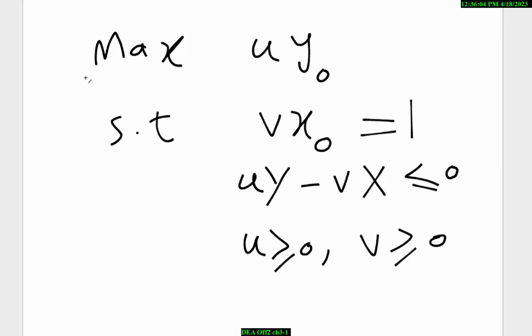This is the CCR model we named LP O in the previous chapter.